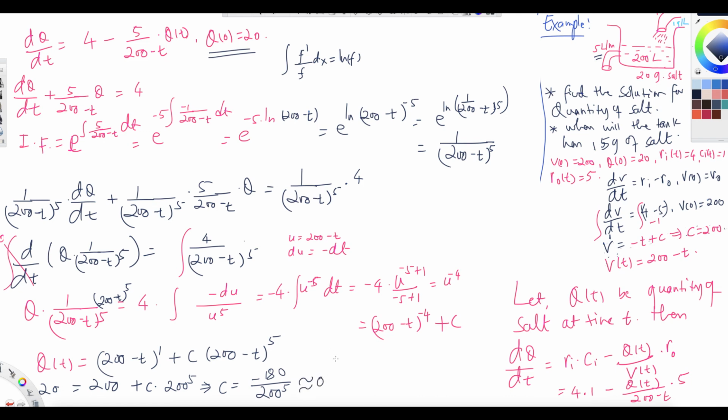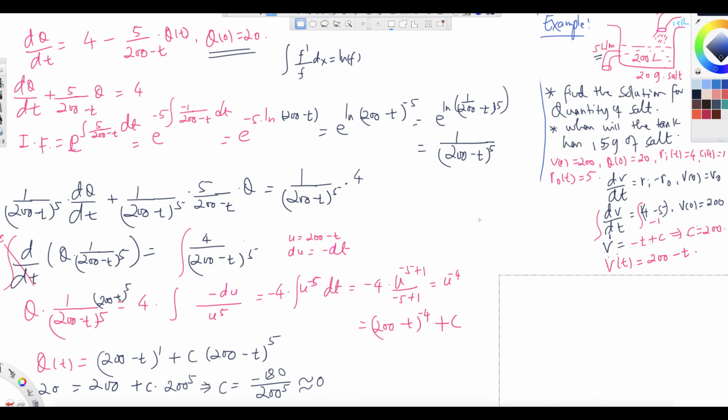So what you want to find out next is when will the concentration of the salt be 15 gram. Okay, so that's what you want to know. So let us do that part. Continue from here. Okay, guys. So what is the final answer?